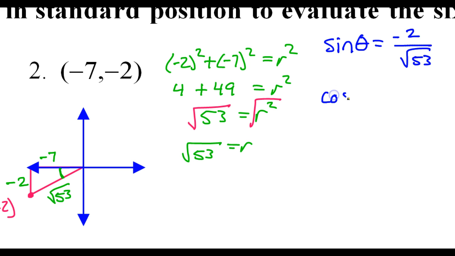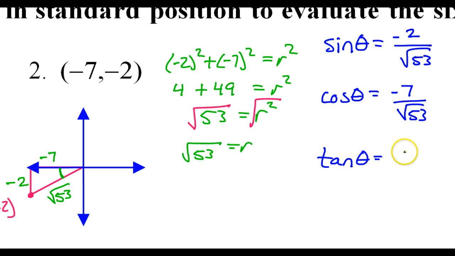The cosine of theta is going to be adjacent over hypotenuse, so negative 7 over radical 53. And the tangent of theta is going to be opposite over adjacent, so negative 2 over negative 7, but a negative divided by a negative is a positive. So that'll just be 2 over 7.